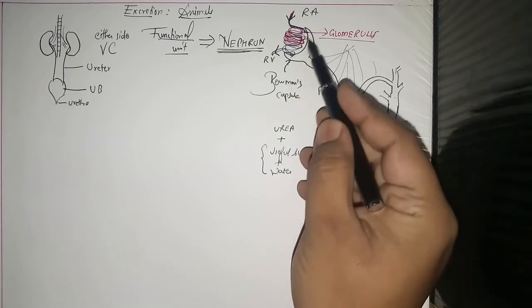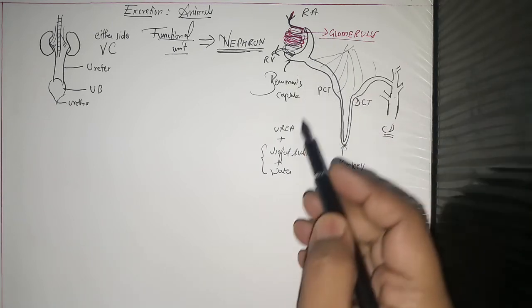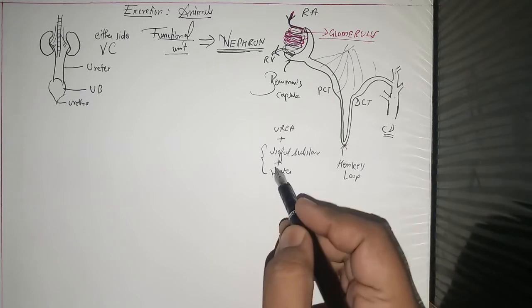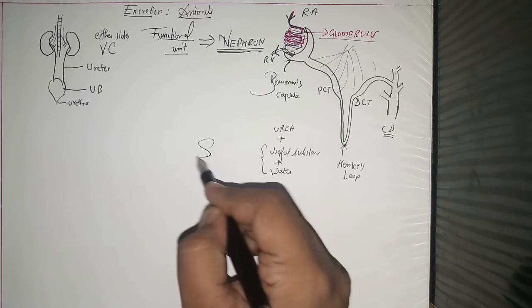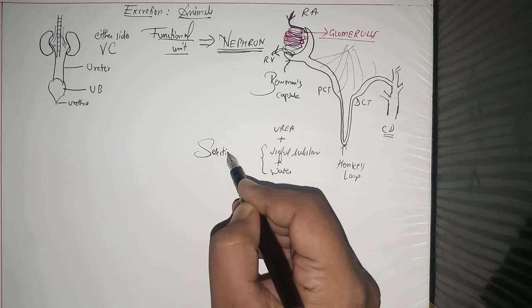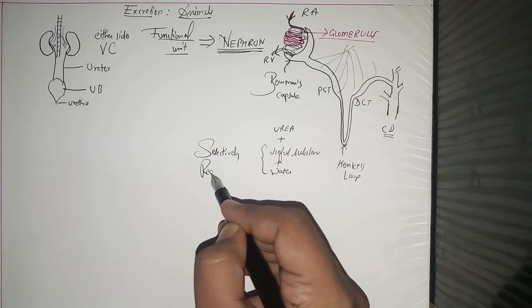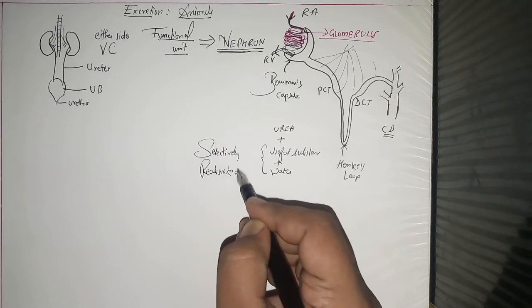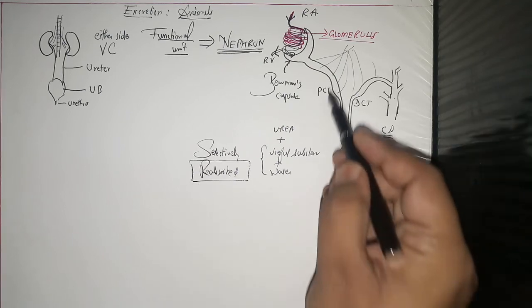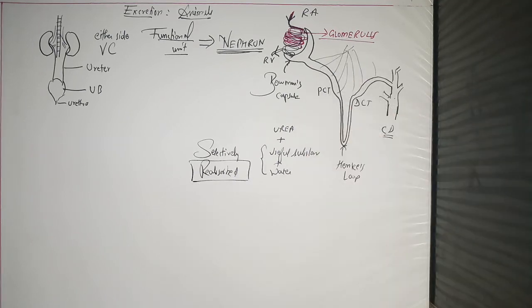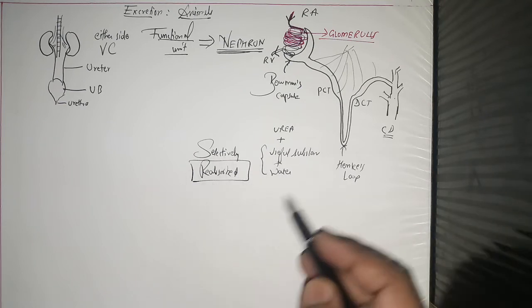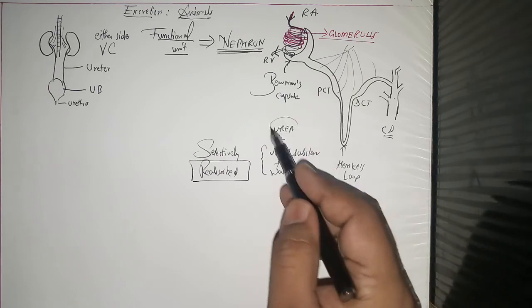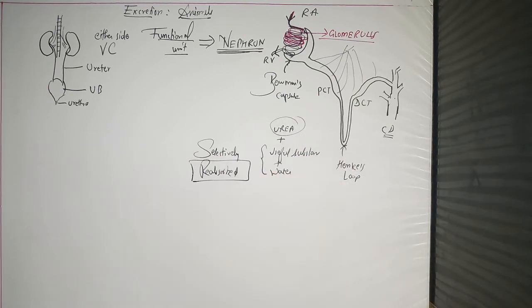So blood in with urea and useful substances. These useful substances and water are selectively reabsorbed by these capillaries, and they get back to our system. Done. After this reabsorption, what remains is the bad substances, and this forms our urine.